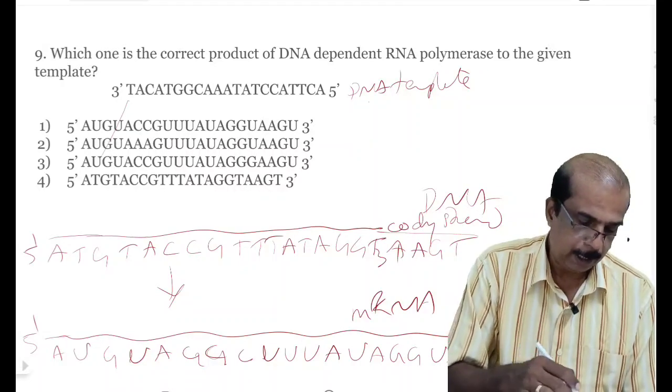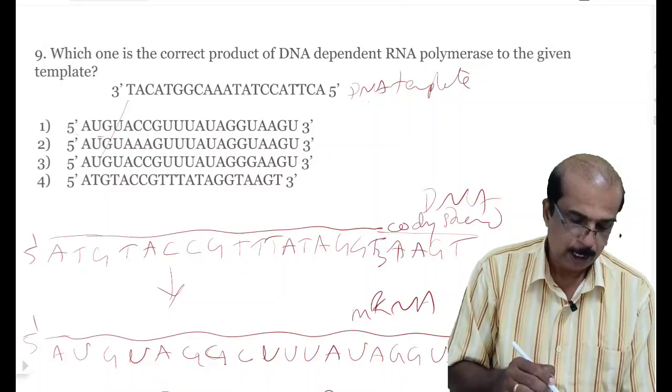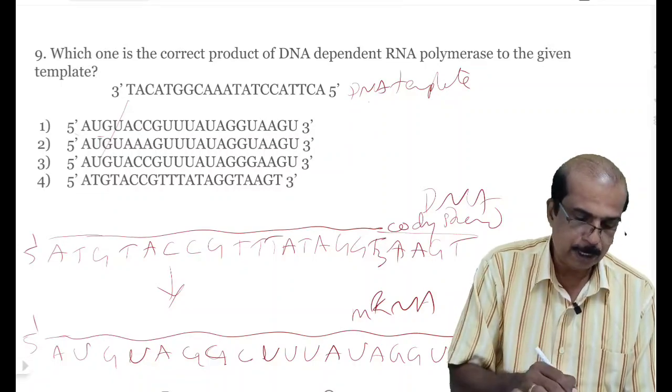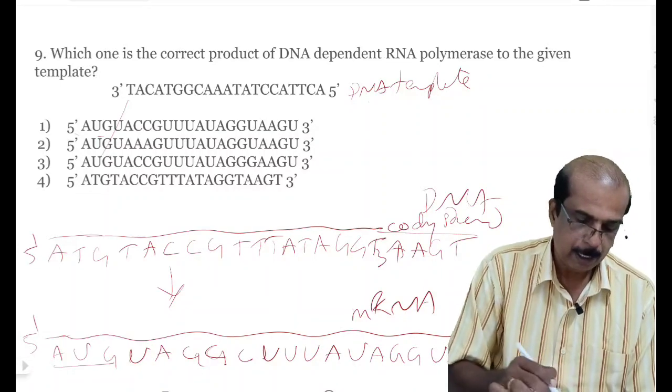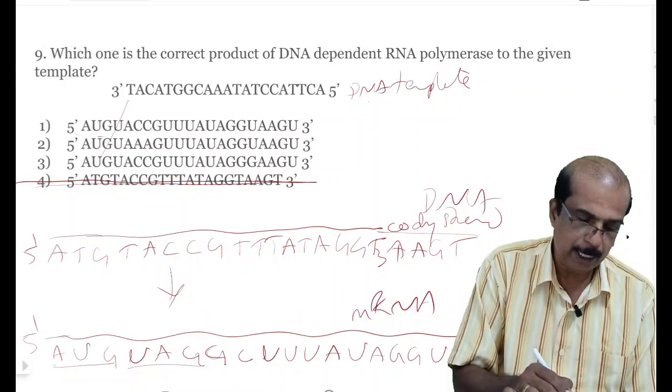Then see, here all options are in the direction 5' to 3'. So AUG, you can strike out this option. AUG, UAG, AUG, UAG.